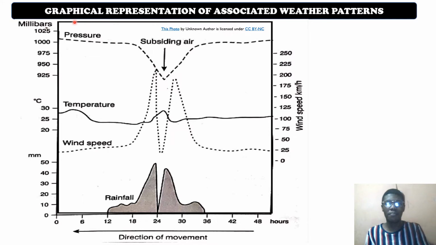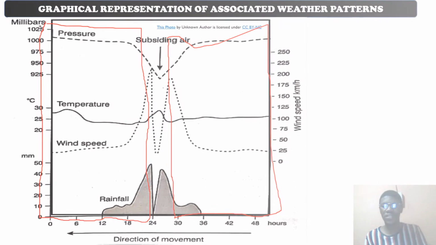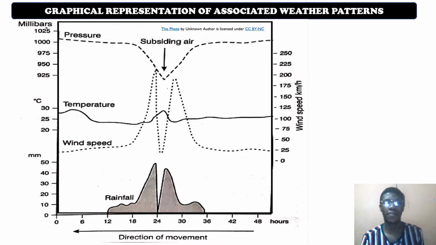Now, this first part of the tropical cyclone is what we call the first vortex, and this second section of the tropical cyclone is what we call the second vortex. Very important. It's very important to think about that.